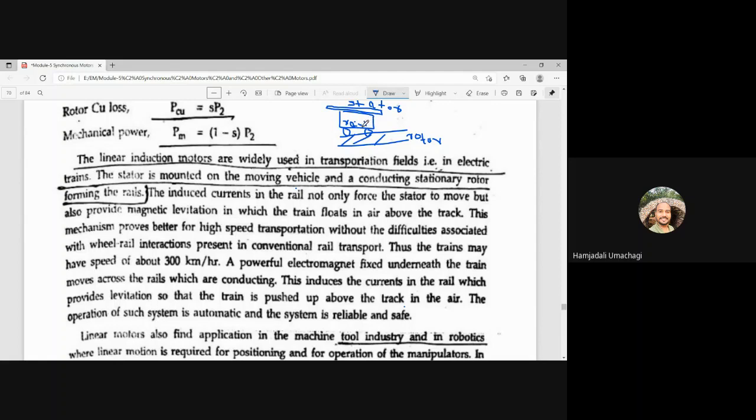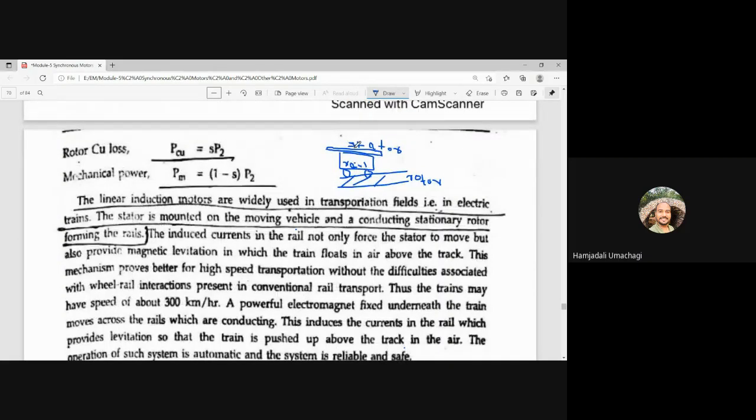Okay, so that whenever currents are induced in the rail, it is going to create the force, and that makes the stator move, and the railway wheels are going to float in the air without touching the railway track. Okay, so here in this case the railway track is nothing but the rotor, that is the stationary member, and the moving member is the stator, which is mounted on the moving vehicle like the rail, and the wheels are floating in the air. This all together we call magnetic levitation.